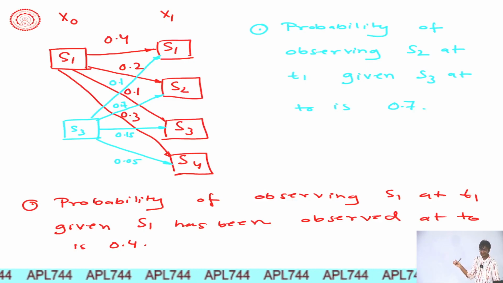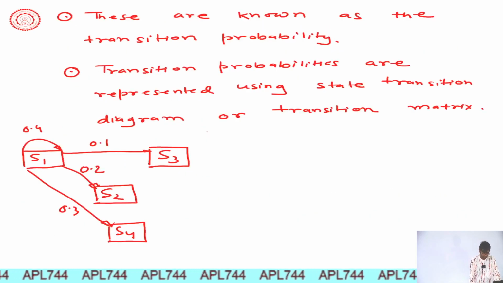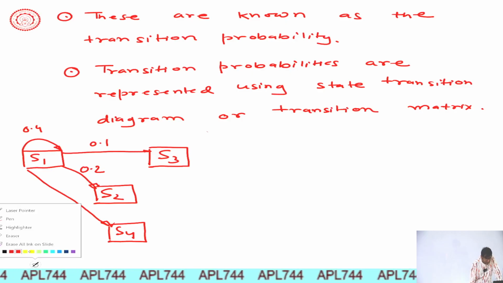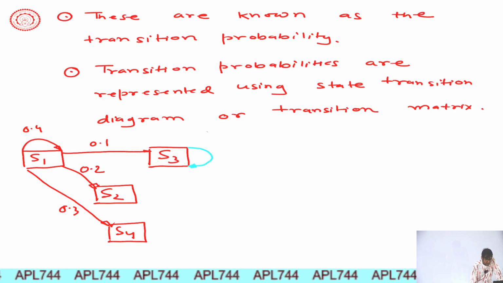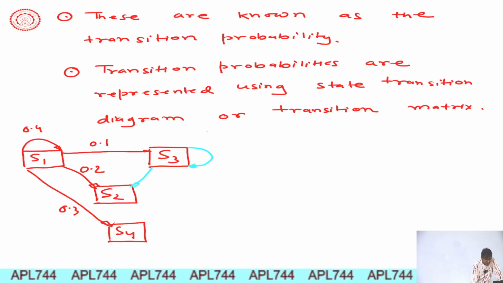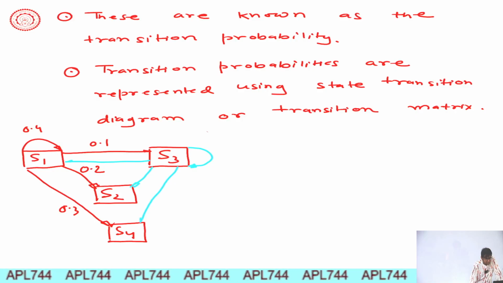I have to copy paste. Other numbers I will reassign randomly because I have not shown it. So from S3 also you can go to any state. So let's say from S3 to S3 you will have a probability. S3 to S2 I think is 0.7. S3 to S1 you can go, and S3 to S4 also you can go.